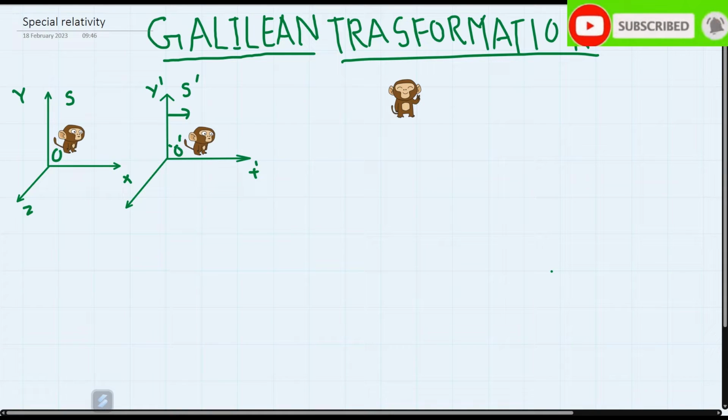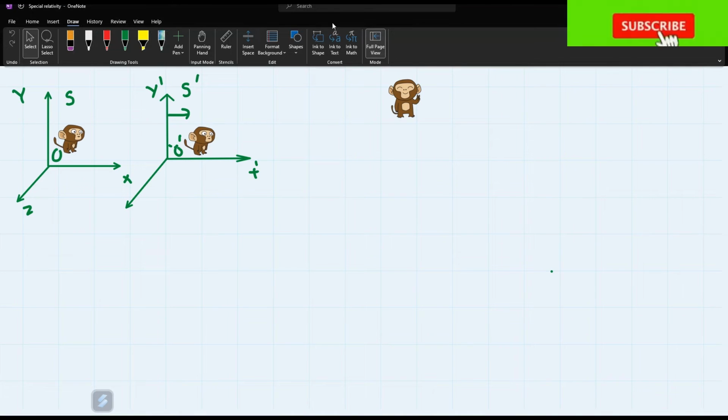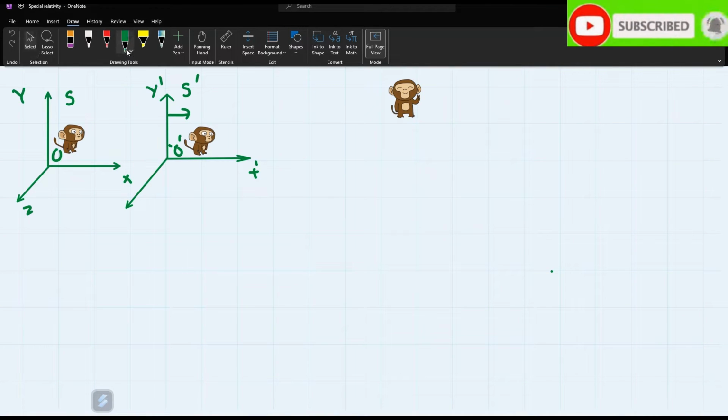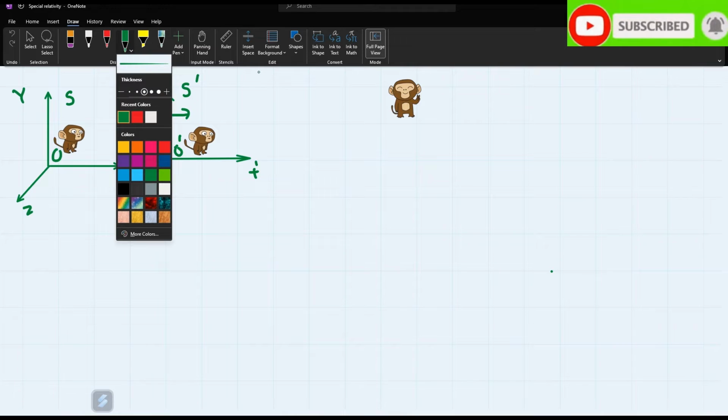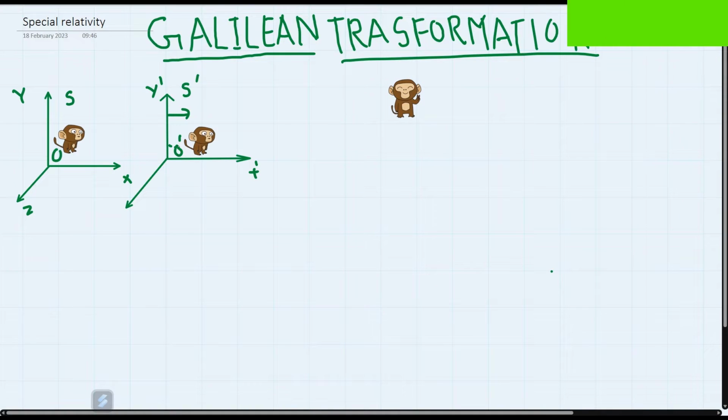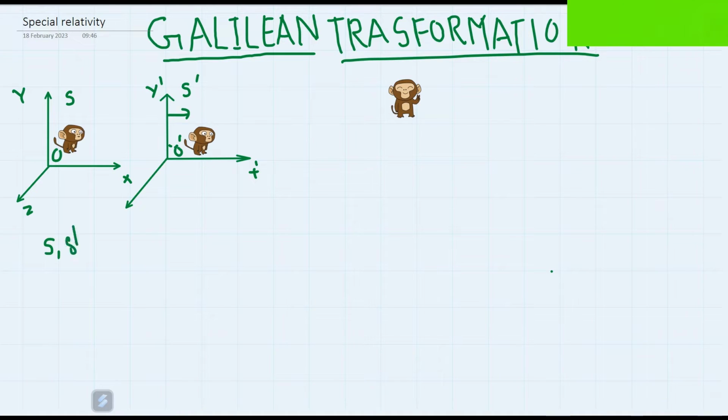We have two frames, say S and S prime, and these are inertial frames.